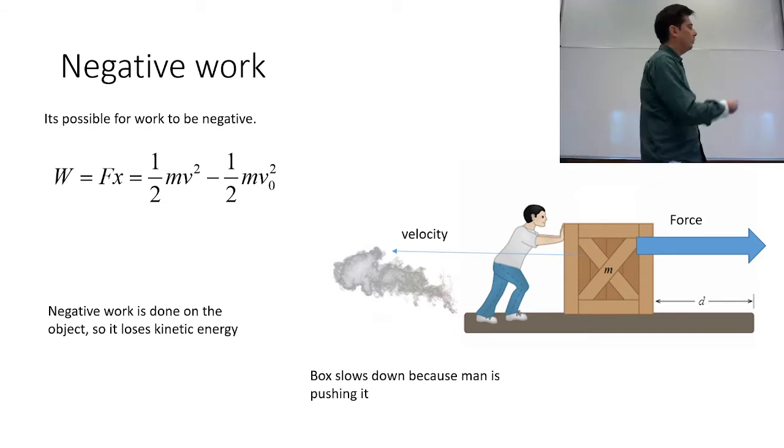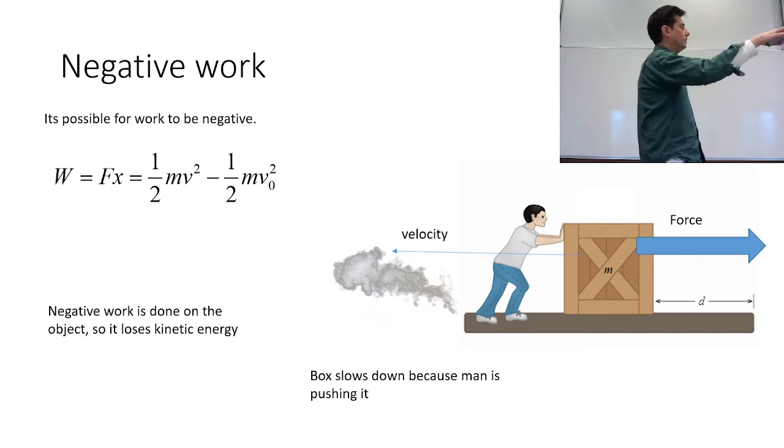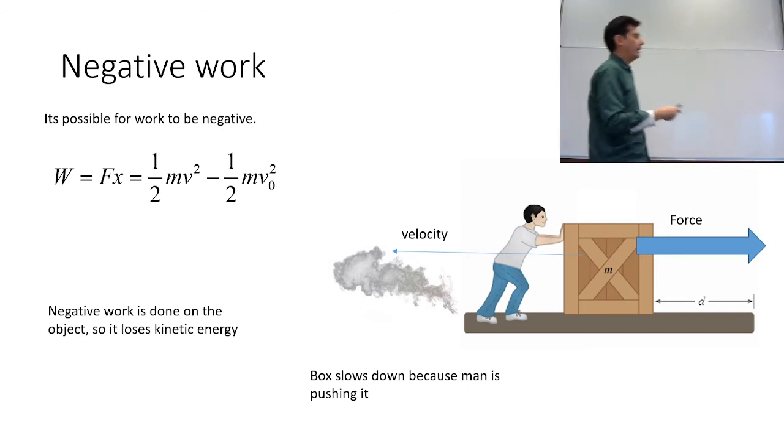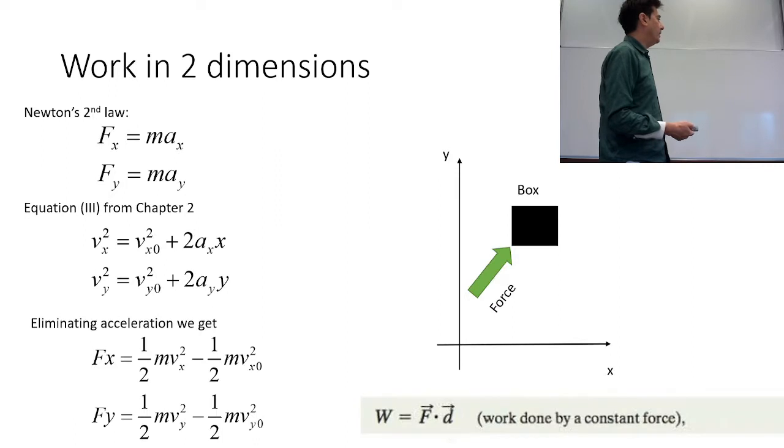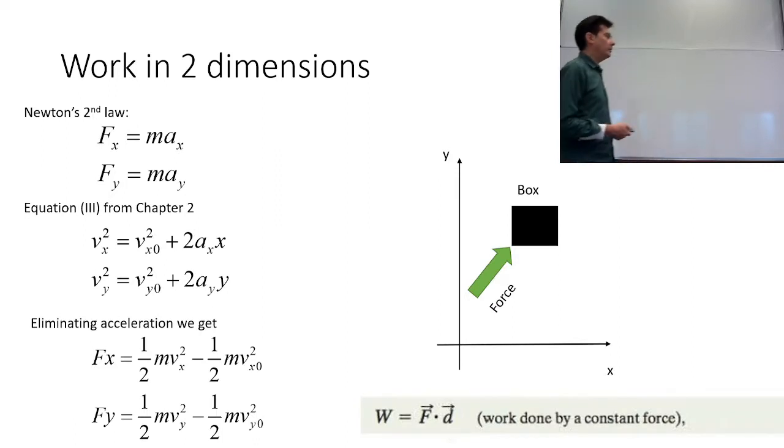Like in this example, when the force is, say, to the right here, and then the actual movement is to the left. You can also do zero work if you don't actually move anything. This is actually a vector quantity.